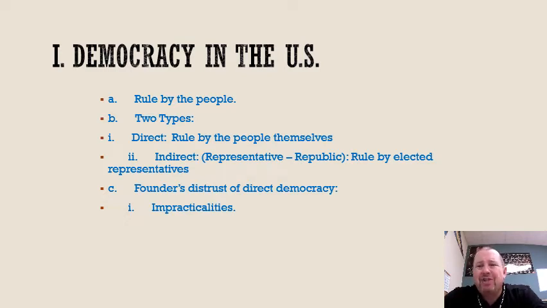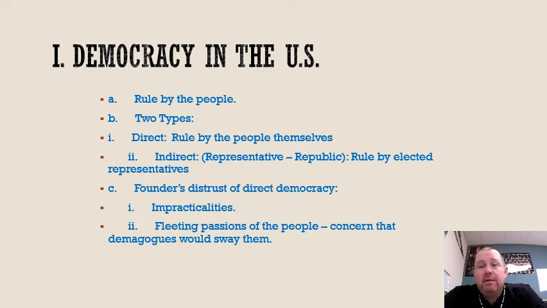To try to cast 200 million votes on every individual initiative, law, referendum, it's impractical. One, it's impractical because you can't get everybody to vote that frequently, but two, it's impractical because there's no way that we as citizens can be well informed enough to cast intellectual votes on every single issue.